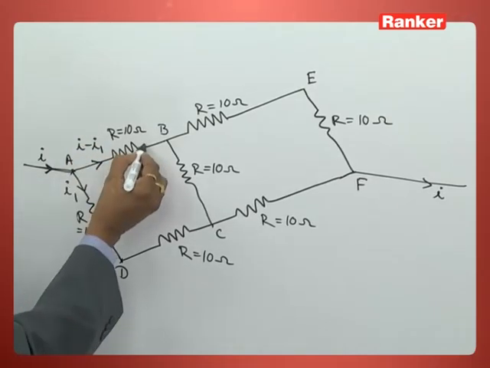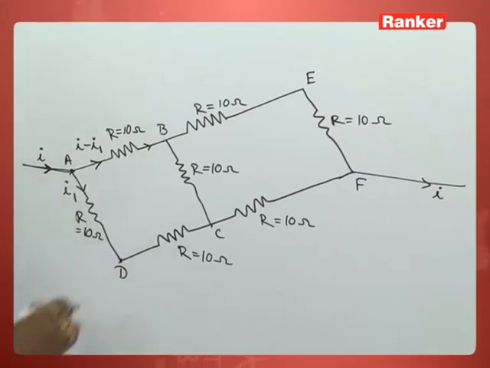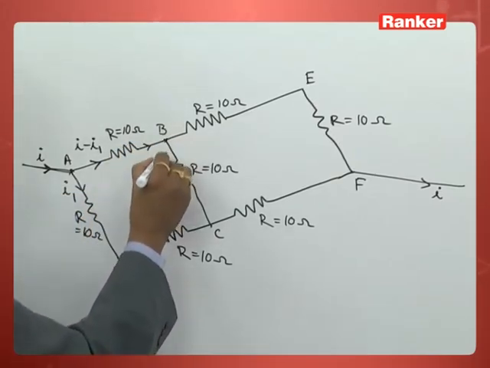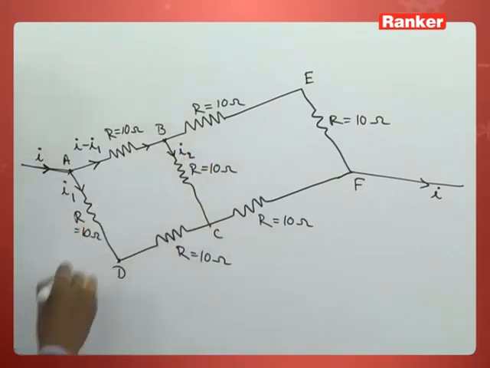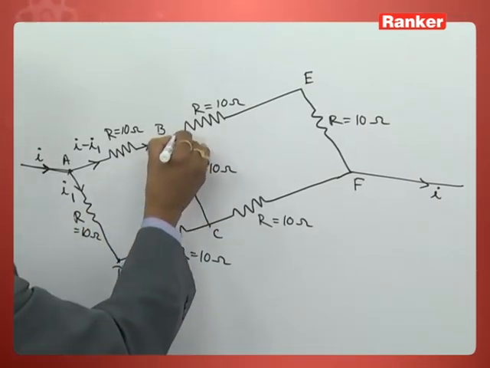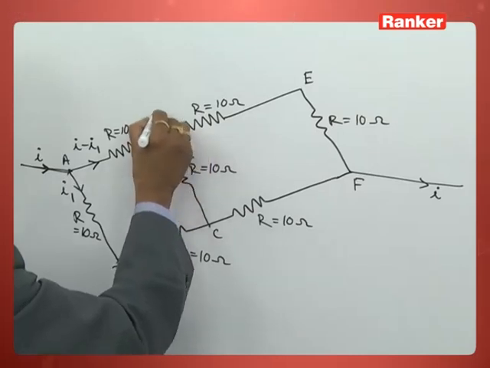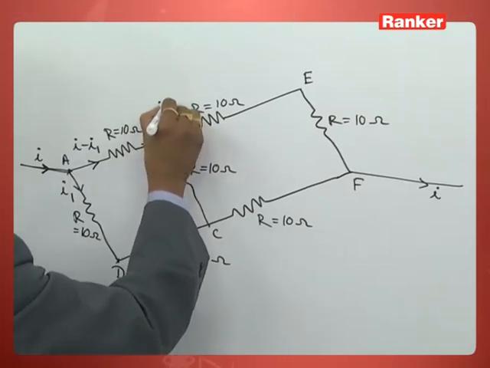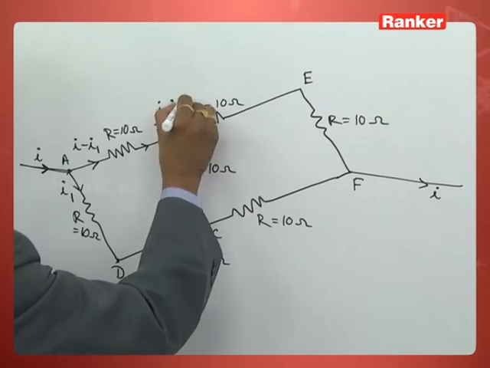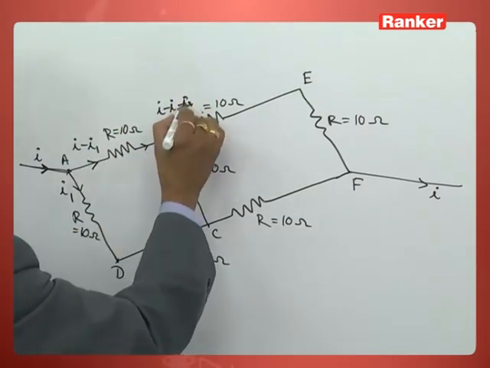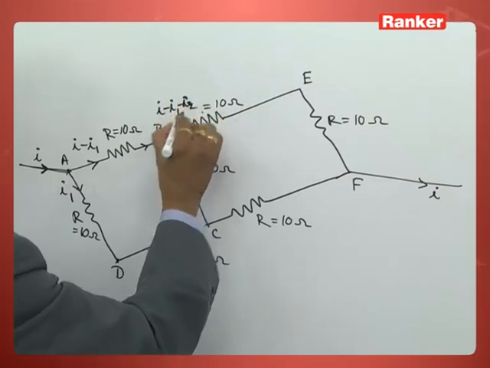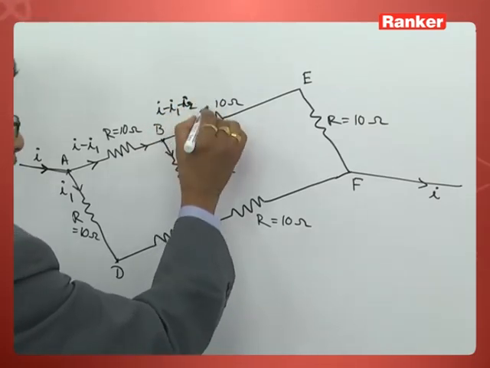That is entering into this. After reaching B, I2 current suppose is going across this. Then how much will be the current passing through this one now? I minus I1 minus I2. You will be getting the value over here, I minus I1 minus I2.